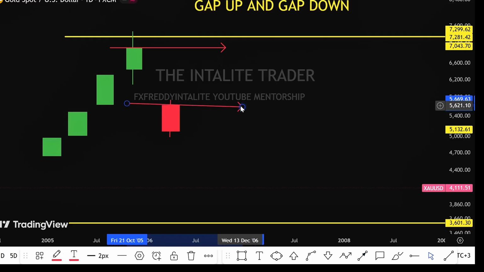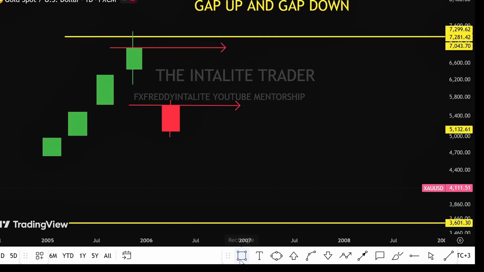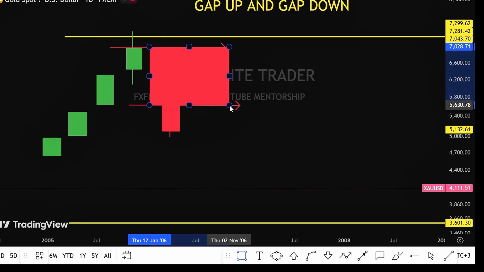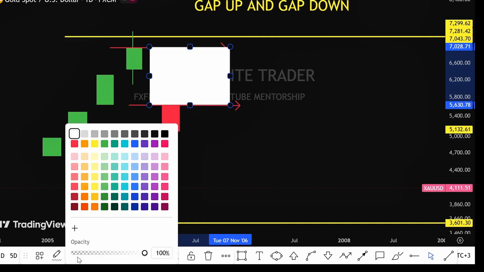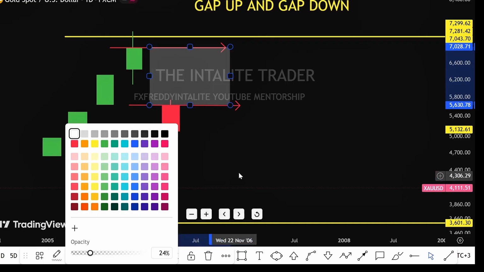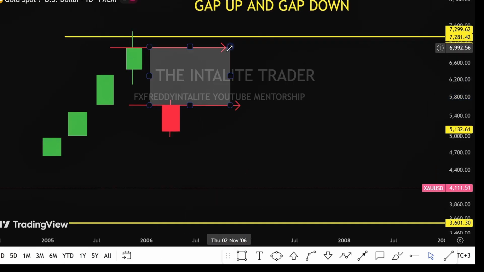This one here. And the range between these two candles is what we call a gap.